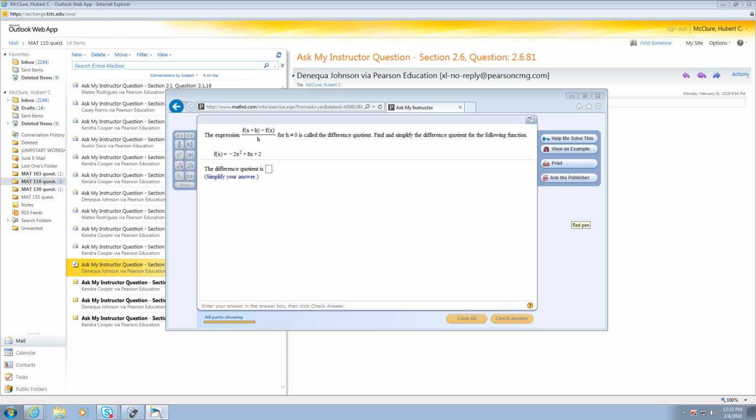The 8x cancels. The 2x squared cancels. There's my 4. I knew it had to be a 4 because of the derivative, so I knew something was wrong from the get-go. So that'd be negative 4x minus 2h plus 8. That should be your answer.